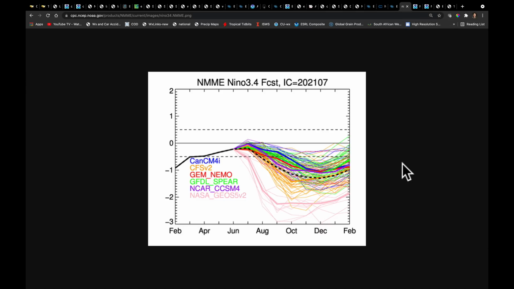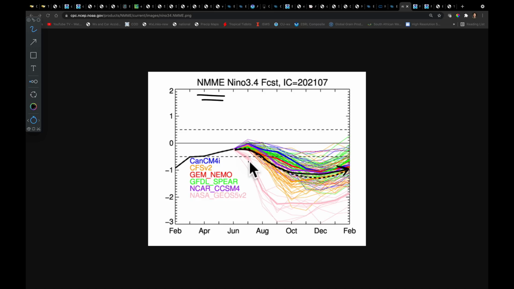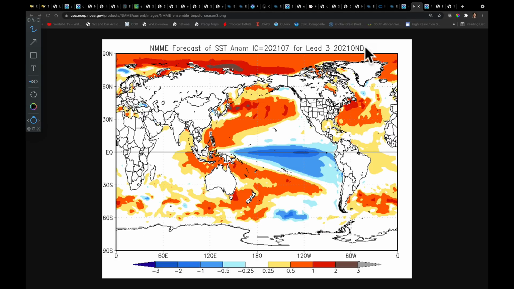What I want to show you next is we've since gotten the new data from the National Multi-Model Ensemble, and it too is calling for that similar pattern, taking our ocean temperatures in the middle of the Pacific, that's what we're looking at here, back into that weak to moderate La Niña territory. And it shows up well when you look out again at October, November, December, the same time period I showed you with the European, as having the cooler ocean temperatures here. Now, in last week's video, I discussed what this meant for rising motion here.